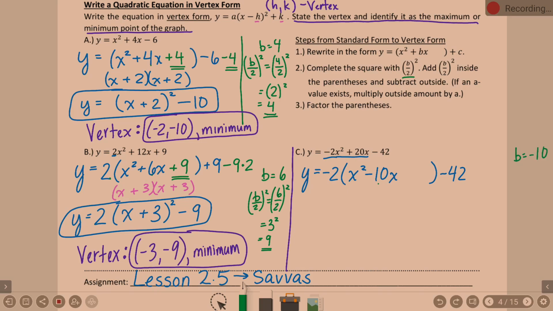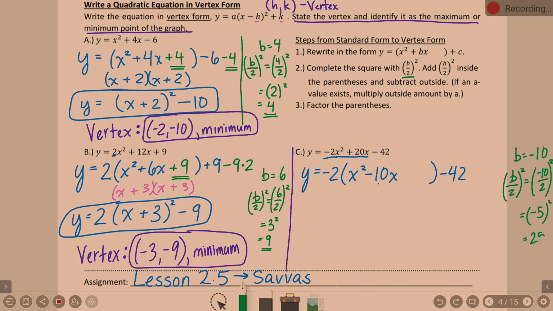So b over 2, quantity squared, negative 10 divided by 2 quantity squared. What's half of negative 10? Negative 5. What's negative 5 squared? 25.